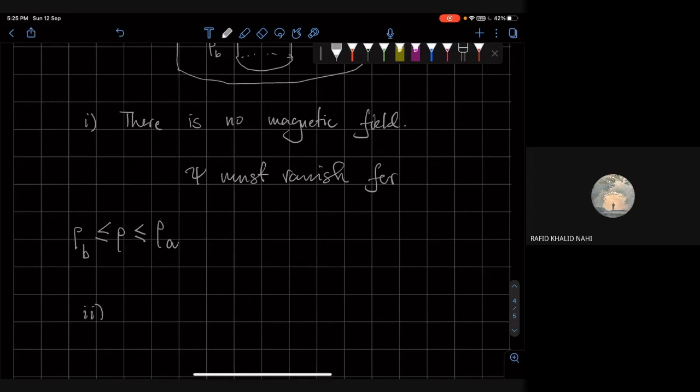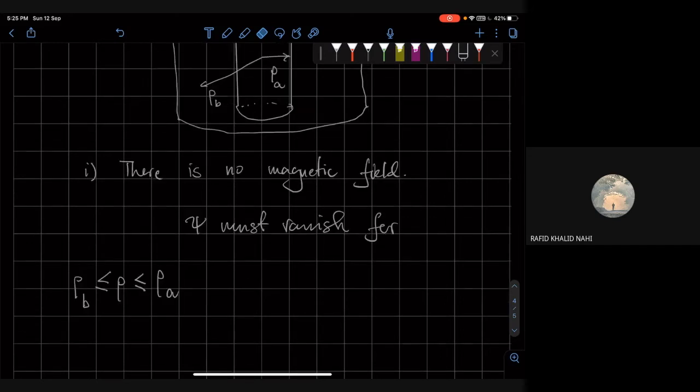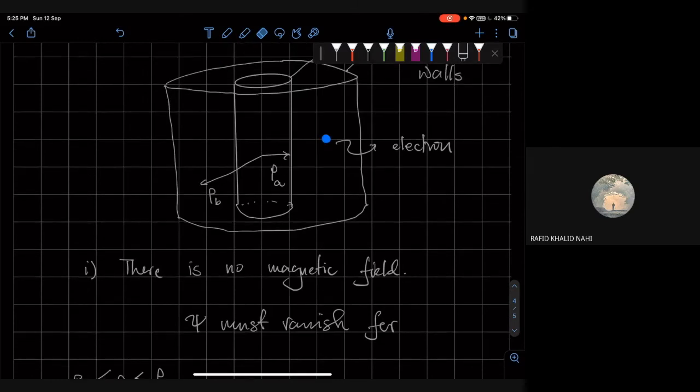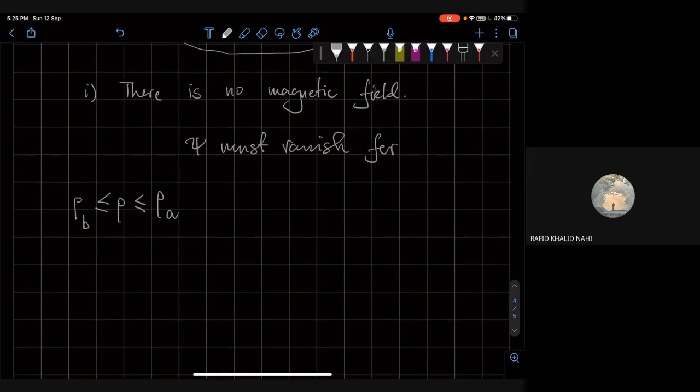Before we go to the second situation, what can we do? In a previous course, we solved the Schrodinger equation for a particle in a box, right? So this is also a particle in a box with an interesting geometry. Using the same technique and this boundary condition, we can solve the Schrodinger equation for the energy levels of this electron, right?